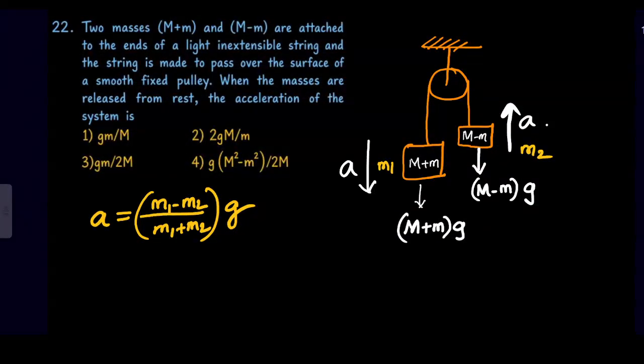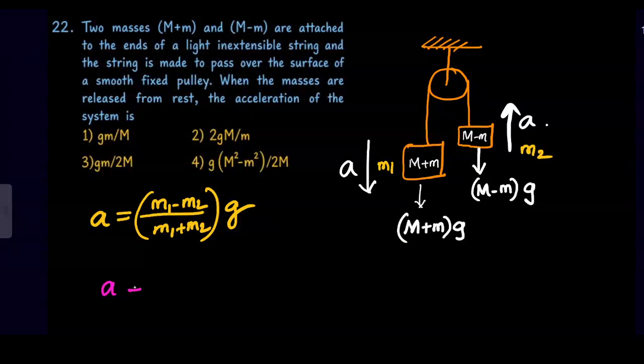That's it. So here M1 is how much? Capital M plus small m. M2 is M minus m, into g.